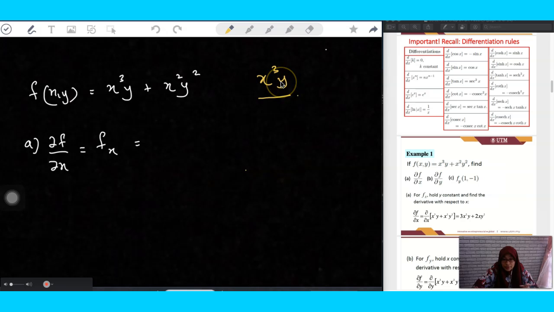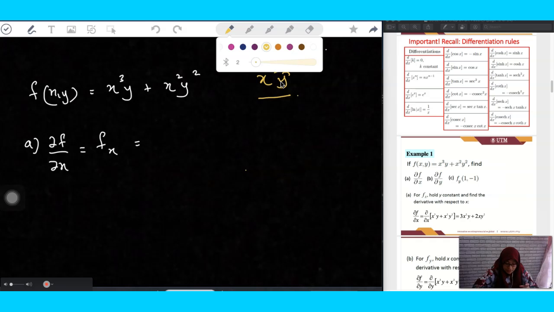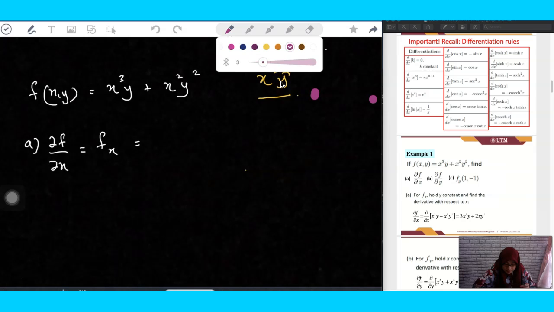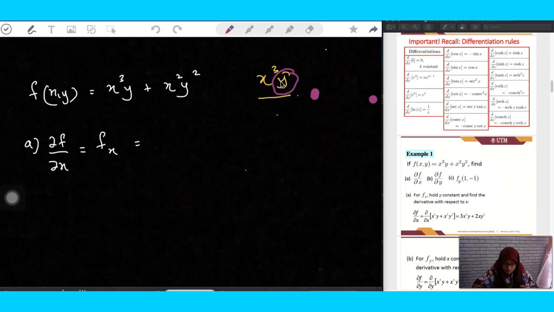This one is constant, so just look at the x cubed. What happens if you differentiate x cubed with respect to x? You will get 3x squared, and then put the y back because y is constant. So that is the answer for the first term, 3x squared y.